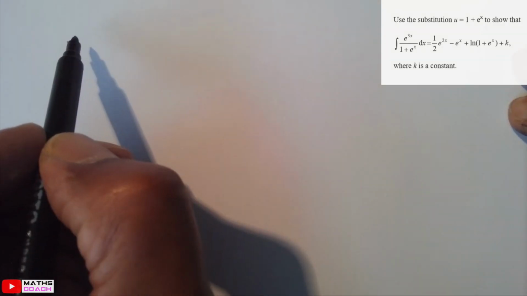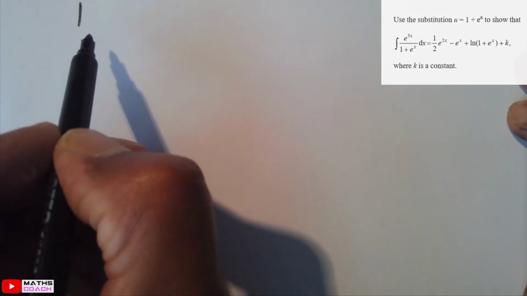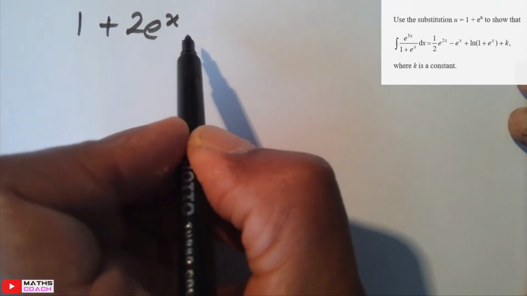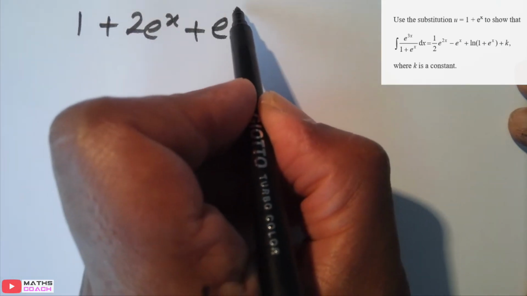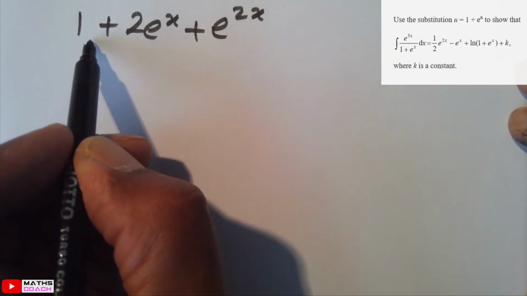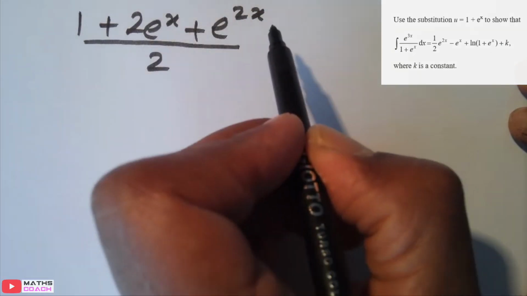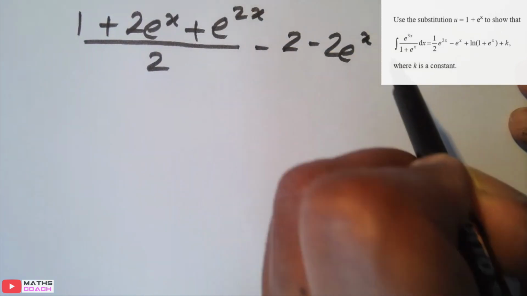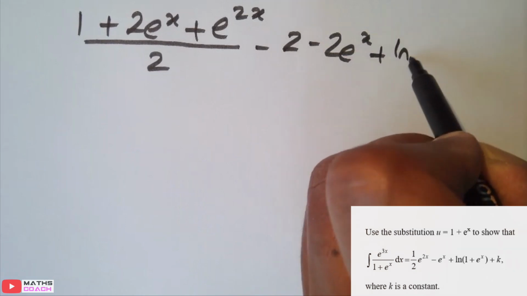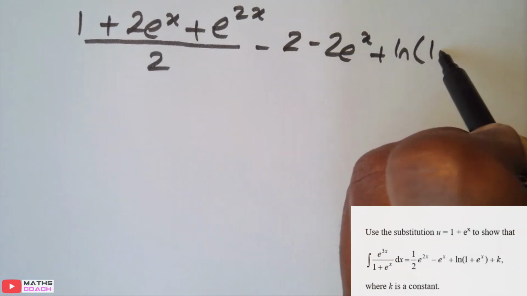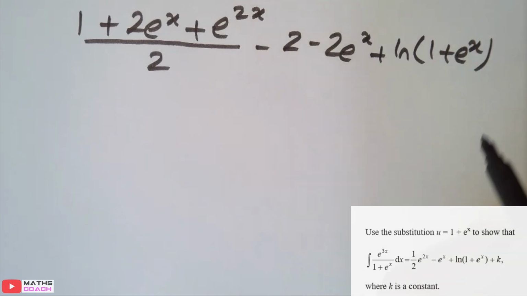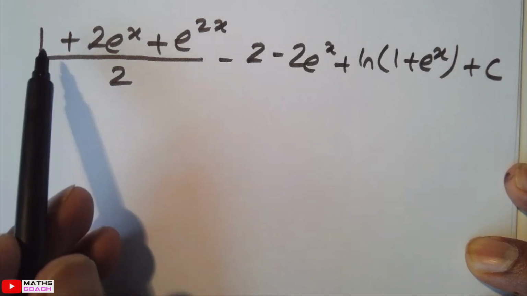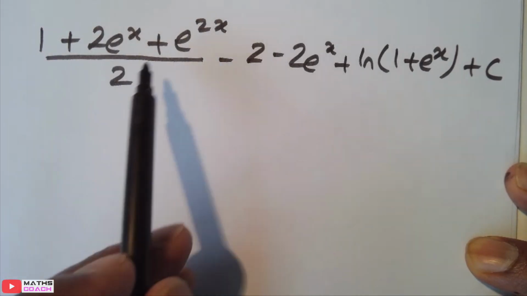So from our last line, we had 1 plus 2e to the x plus e to the 2x, all over 2, minus 2, minus 2e to the x, plus ln of 1 plus e to the x, plus c. We're going to split this: 1 over 2, 2e to the x over 2, e to the 2x over 2.